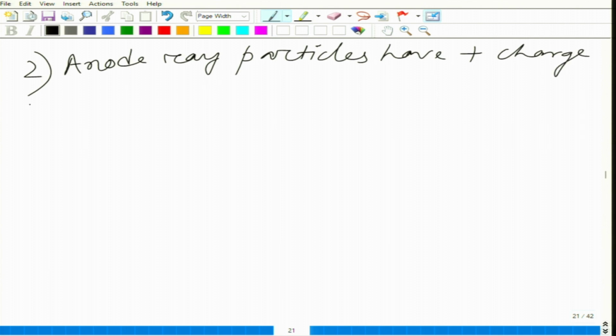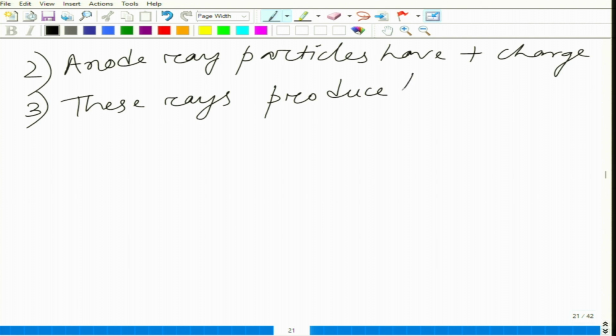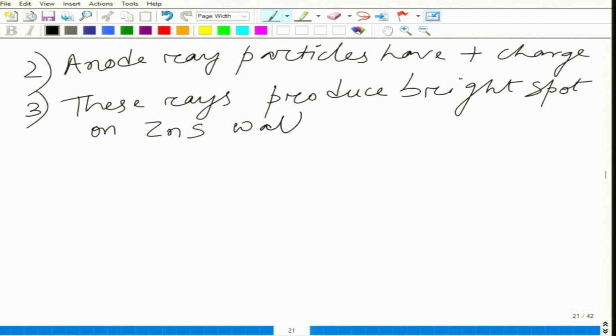Now, the third conclusion was these rays produce bright spot on zinc sulfide wall. But the fourth point was very interesting.